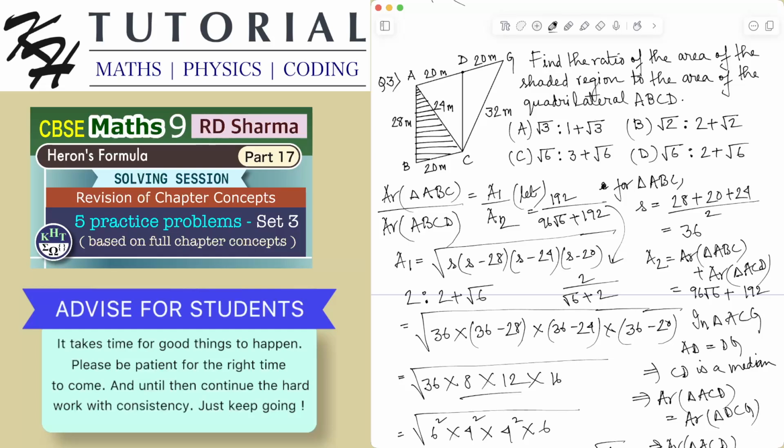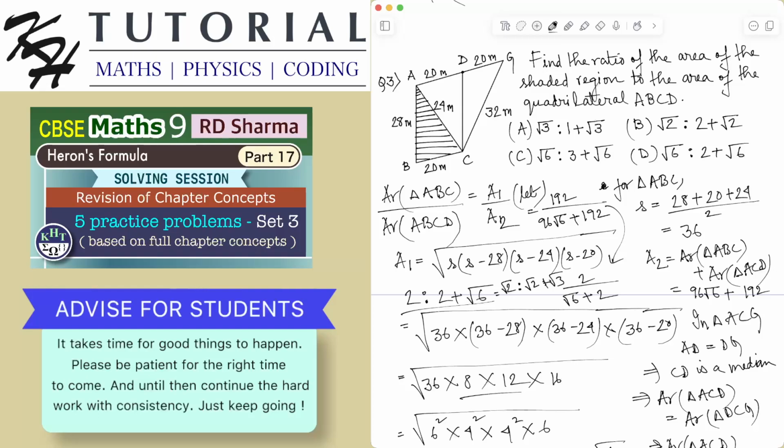If I divide both parts of this ratio by square root of 2, this is equal to square root of 2 is to square root of 2 plus square root of 3.